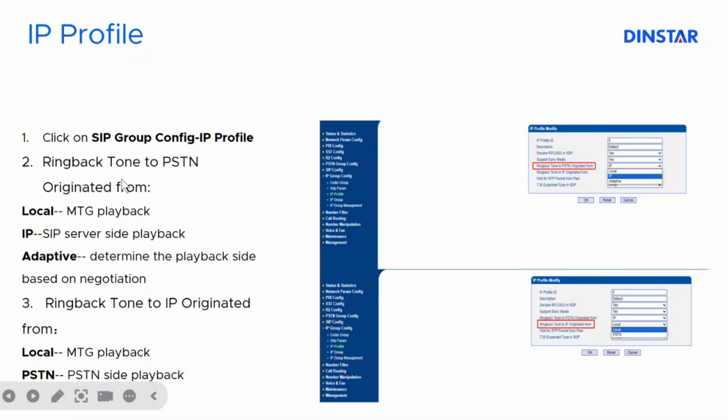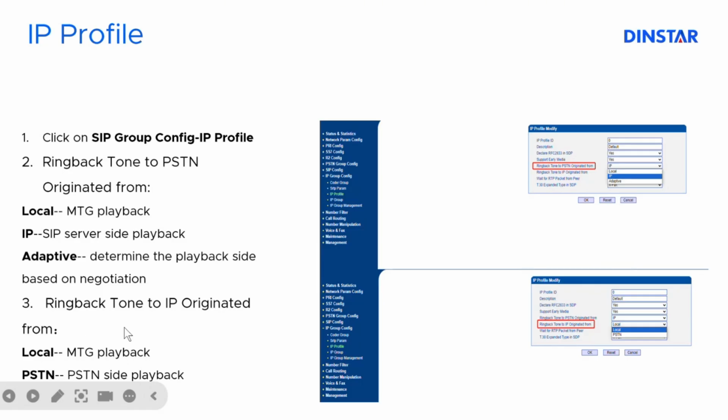Like for PSTN incoming calls, the ringback can be from the local, the IP side, or we can also choose the adaptive, so it determines the ringback side based on the negotiations. And for IP incoming calls, it can be from the local. The local is the MTG, and the PSTN side.